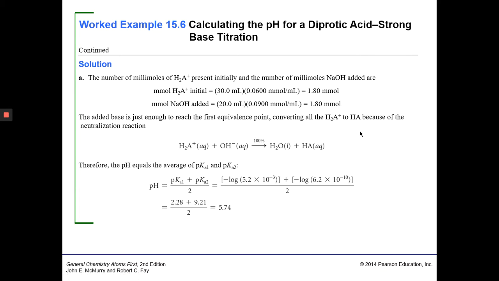Since HA is an amphoteric substance, calculating the pH is not complicated. In fact, this is an example of an equivalence point, which is an isoelectric pH.